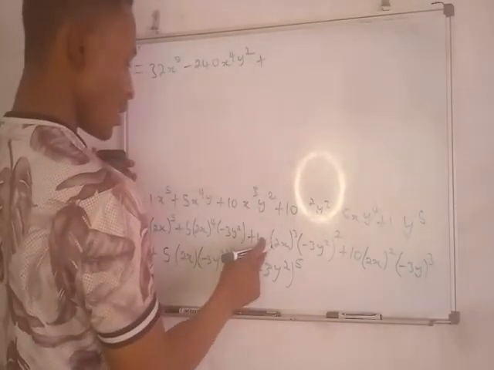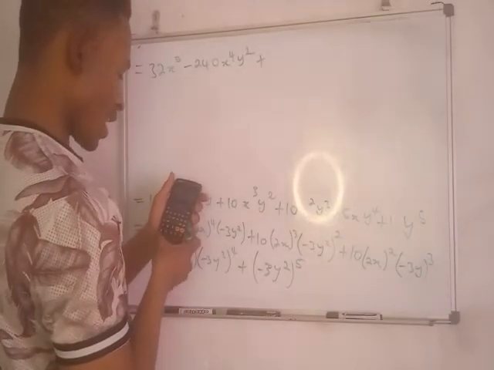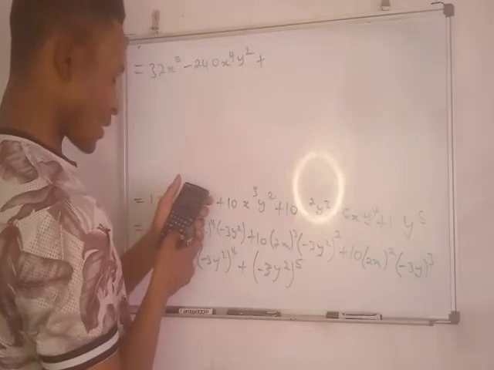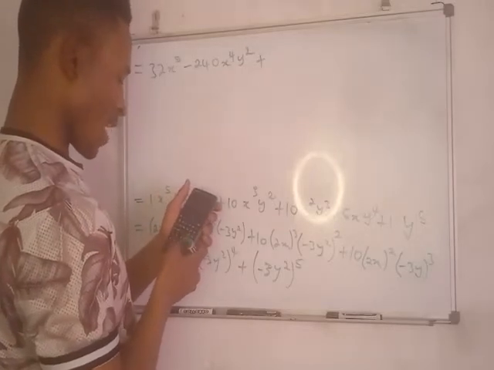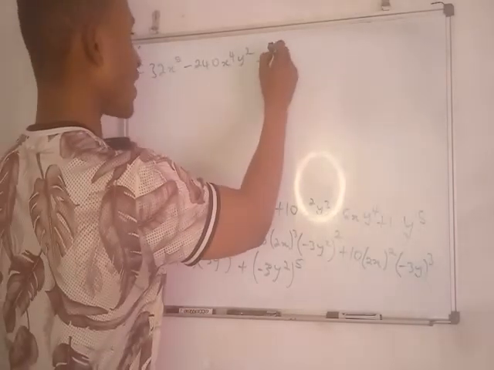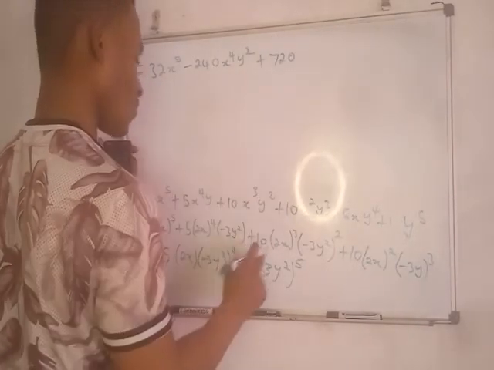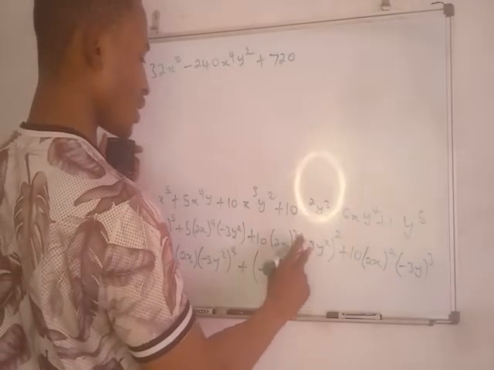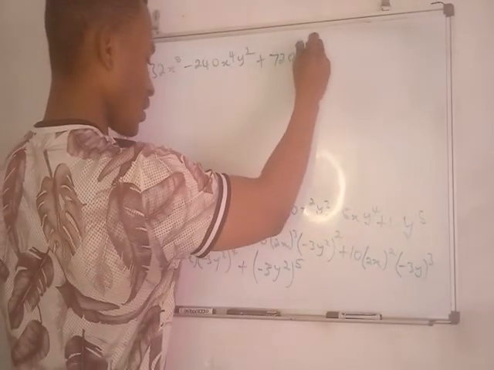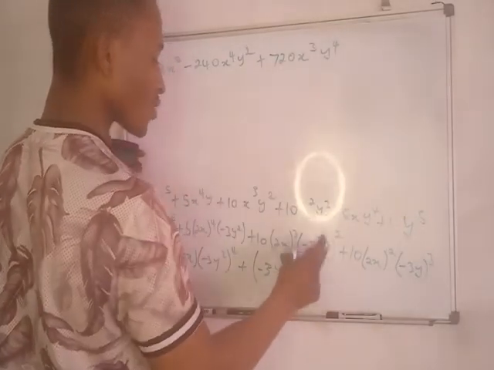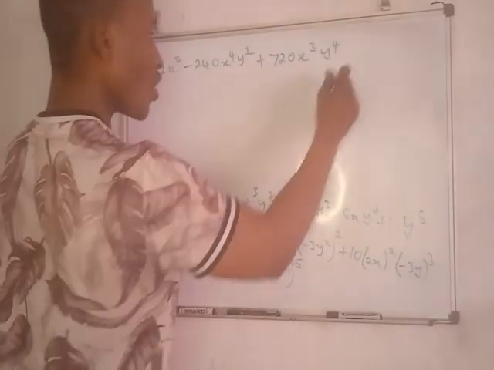Plus 10 times 2 to the exponent 3, which is 80, times minus 3 squared. It will be 720, so it will be 720 x cubed, y to the 4, since 2 times 2 is 4.